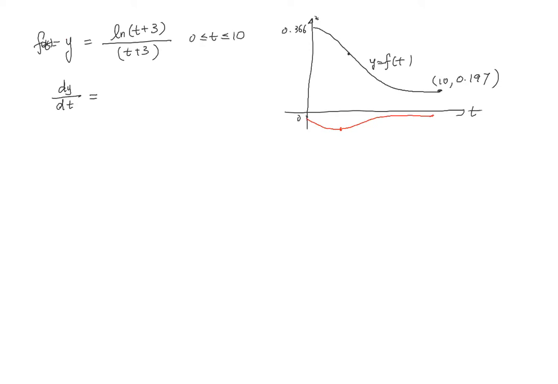So this one is negative 0.0109. And when it's 10, this is your Y equal to F prime T. So for this sort of function, you have to know how to get both of the graphs.